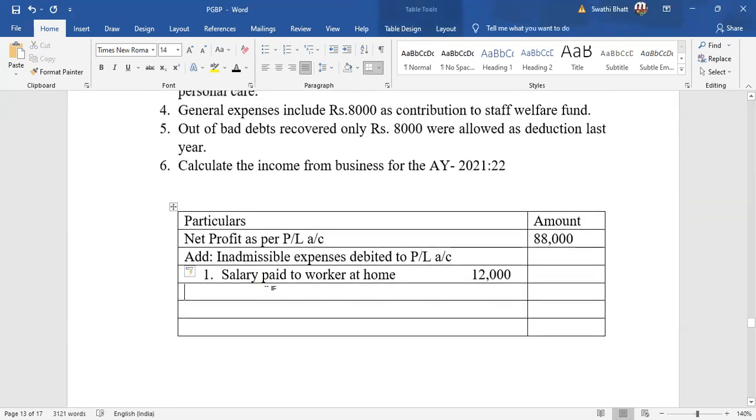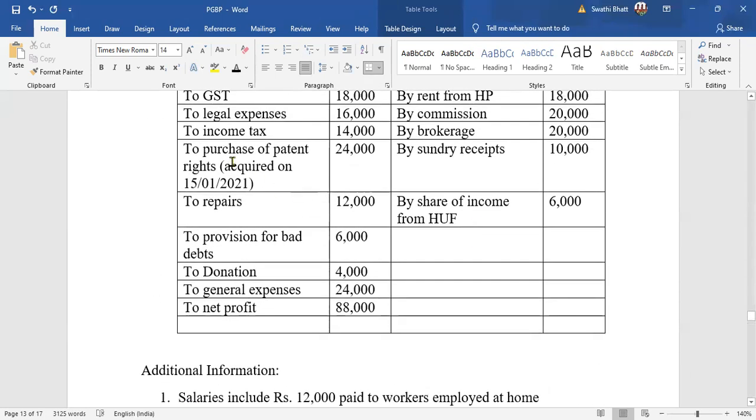So this legal expense of 2,000 rupees is not allowed, or it is disallowed or inadmissible, which means you will have to add it. So legal expense of 2,000, you will add it.